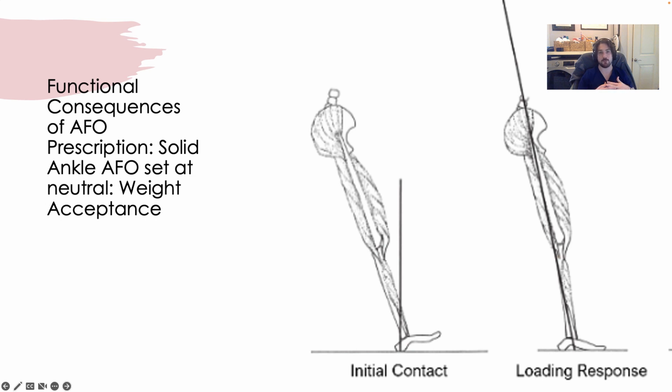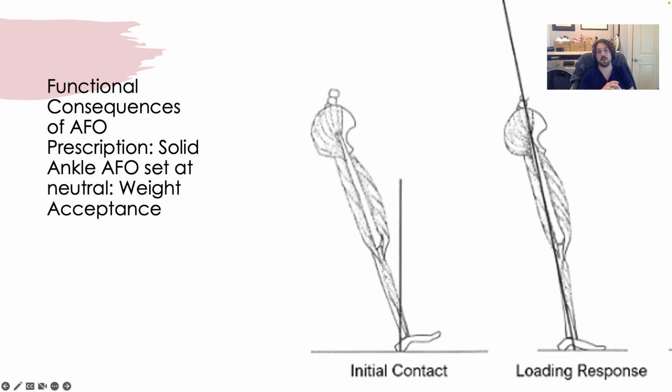But the strength of that flexion moment is diminished somewhat by plantar flexion of the ankle. And that, compared to our ankle being at neutral, moves that ground reaction force vector closer to the knee.